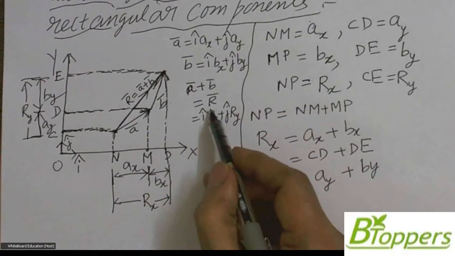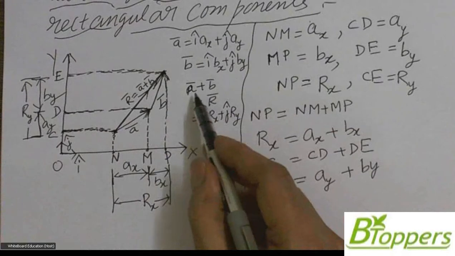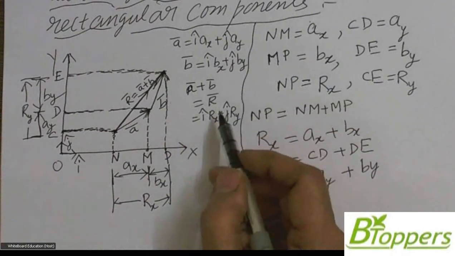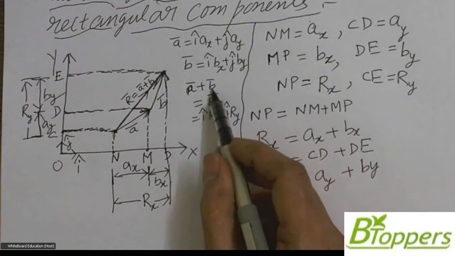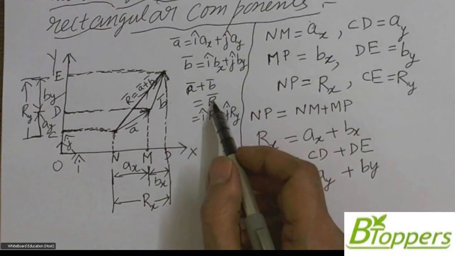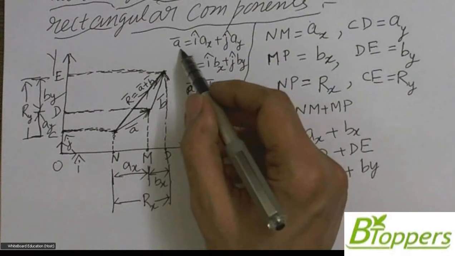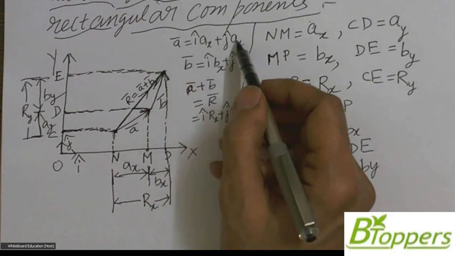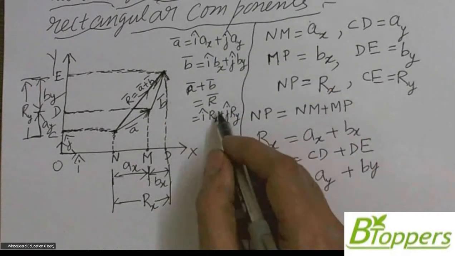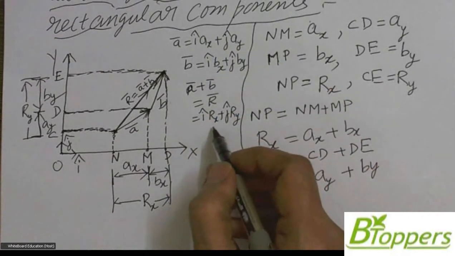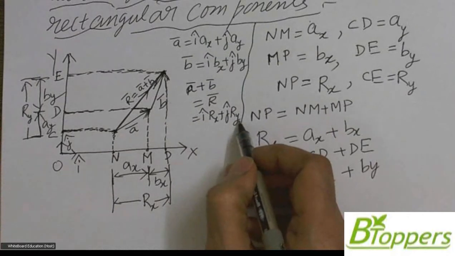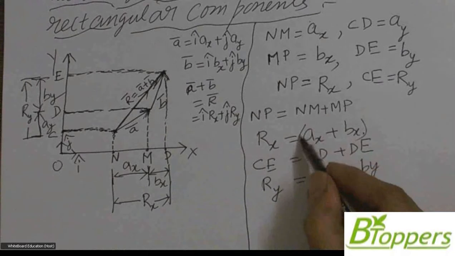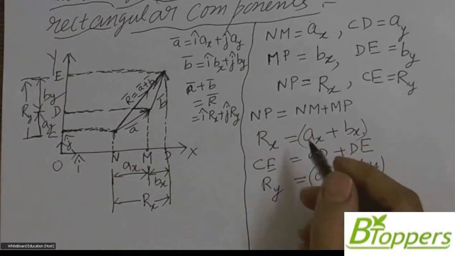If R bar represents the resultant of A bar and B bar, meaning R bar is the vector sum of A bar and B bar, then we can write A bar plus B bar equal to R bar. Just as we have written A bar as i cap into Ax plus j cap into Ay, in the similar way the resultant vector R bar can be written i cap into Rx plus j cap into Ry. So we can write Rx equal to Ax plus Bx, Ry equal to Ay plus By.